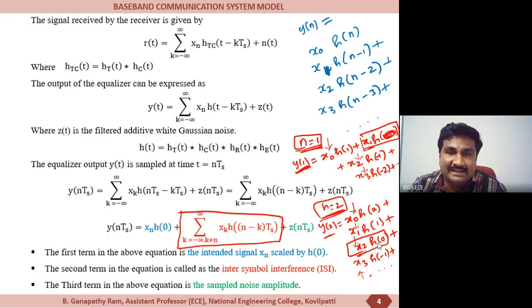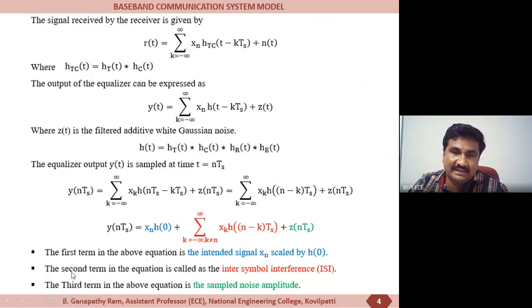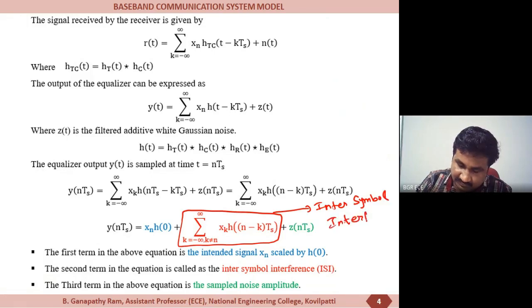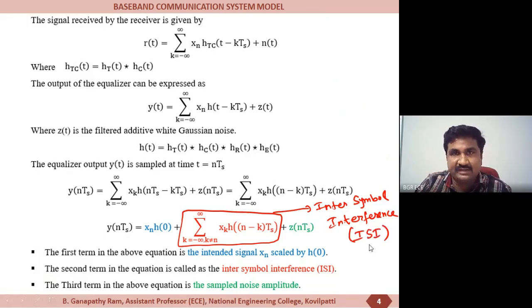We call this inter-symbol interference. That's why the repeating term is referred to as inter-symbol interference, which is simply abbreviated as ISI. This effect is called ISI.